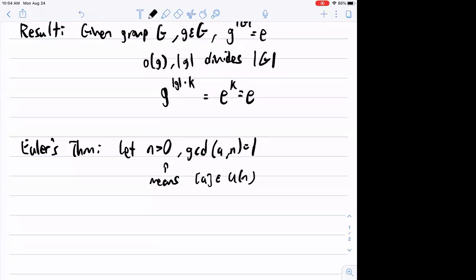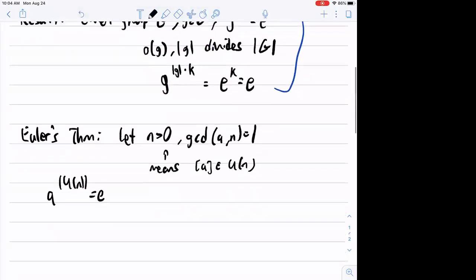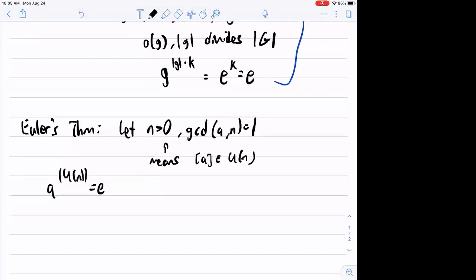Then what do you know? You know a to the order of U of n is e. That's what we just did right here. Any element to the order of the group is e. So this is under multiplication, right?